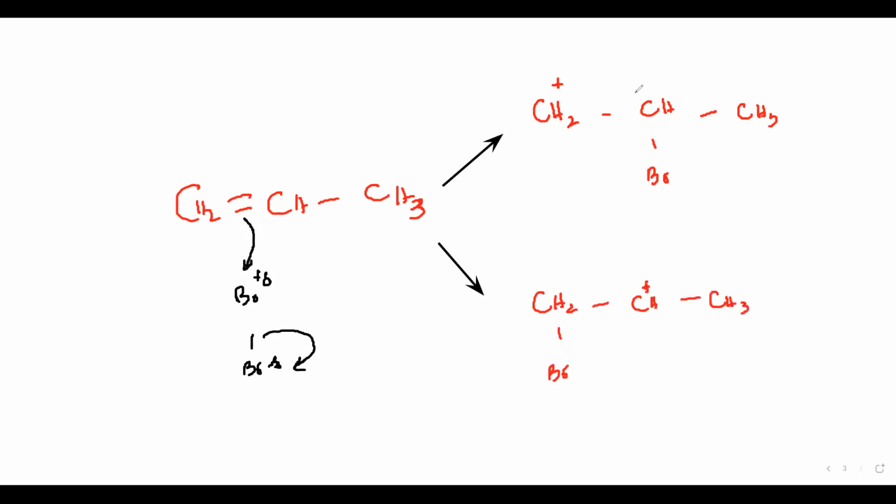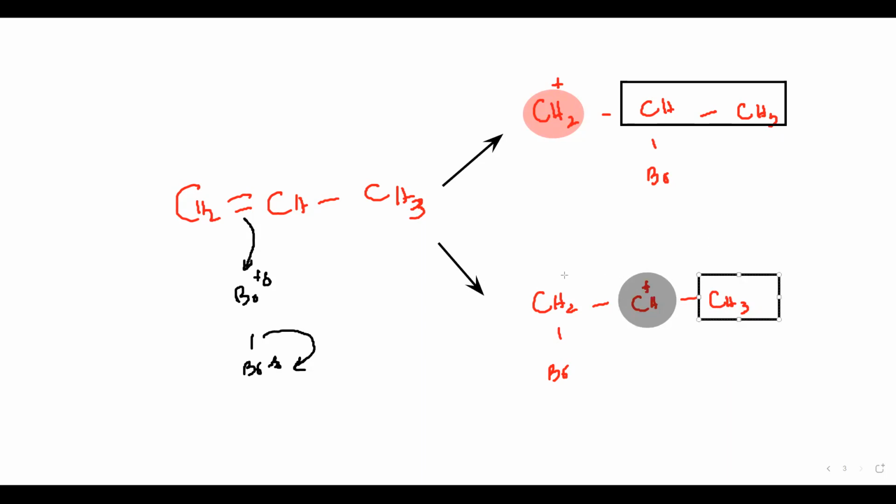When we check which is the more stable carbocation, as you can see, this carbocation is surrounded by only one carbon chain. The other carbocation is surrounded by two carbon chains. It means the one surrounded by more carbon chains is more stable.